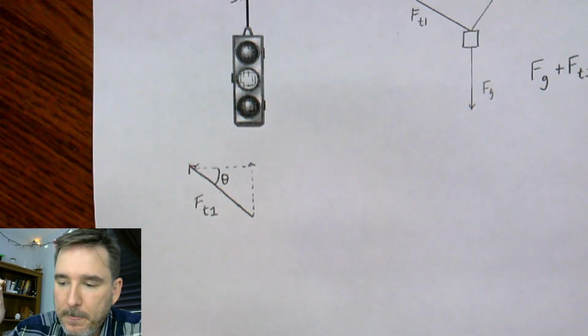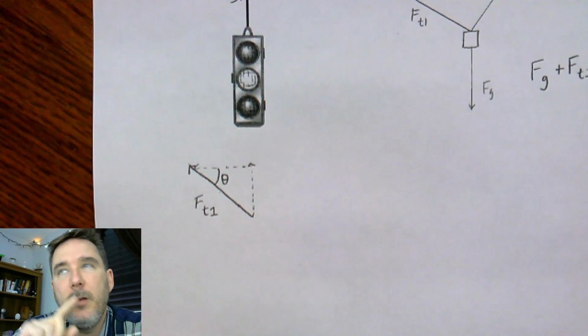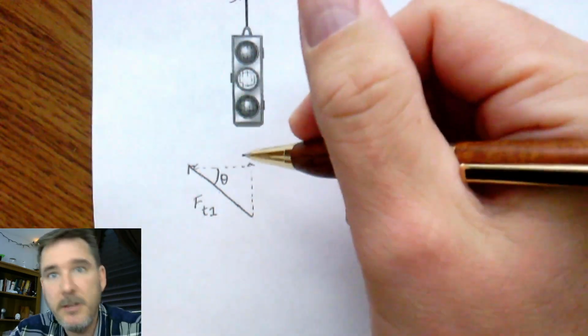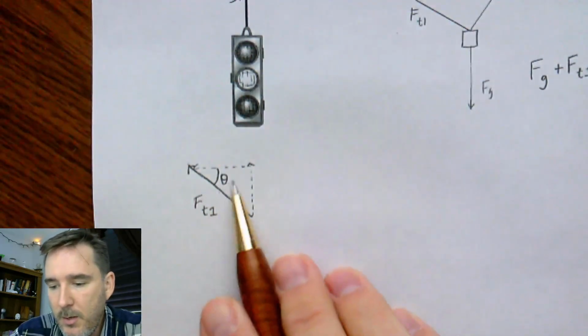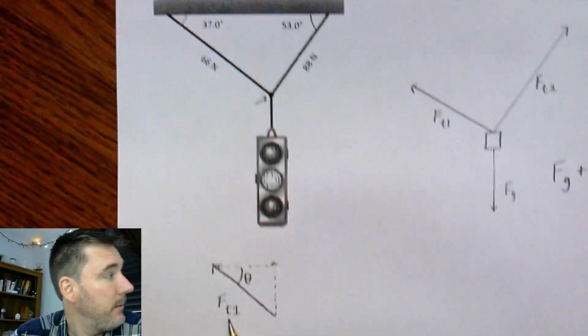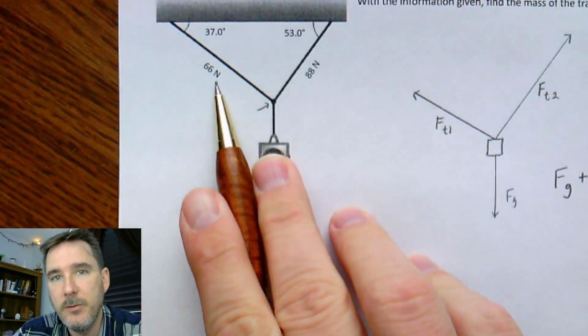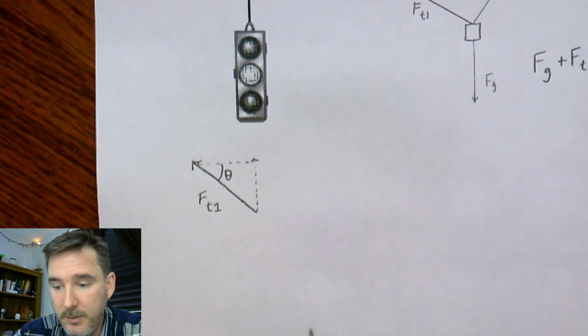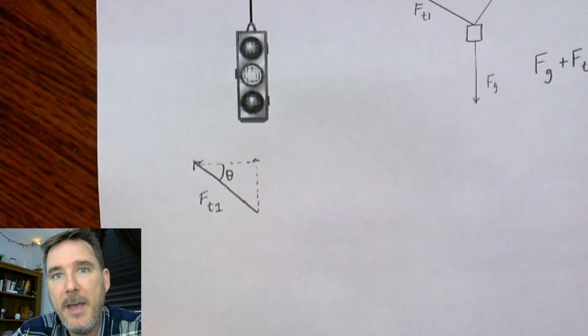And now here's the thing we got to remember. We got to use our brain when we do this. We could just blindly solve the entire triangle because I know this angle is 37 degrees. I know this force of tension is 66 newtons. But we don't need to solve the entire triangle. We could. In fact, it's not a bad idea.